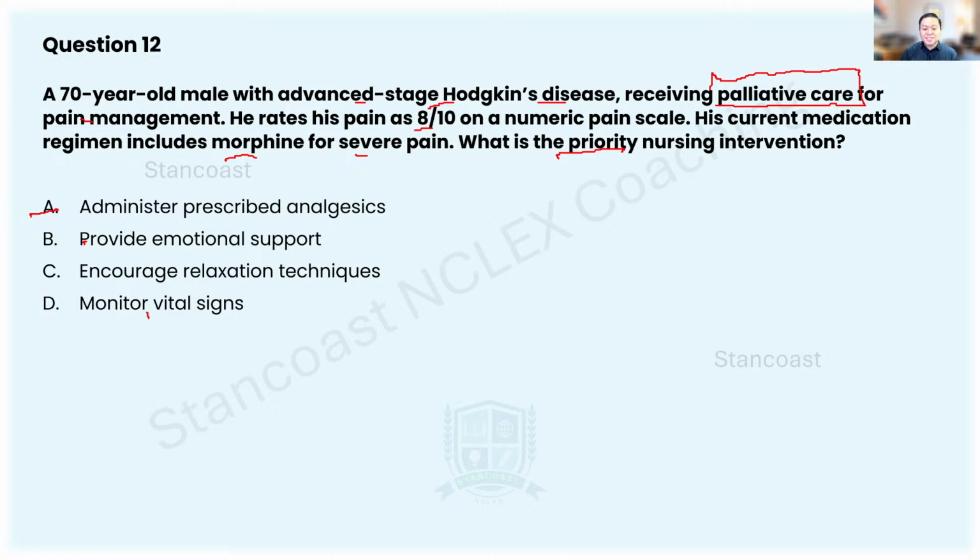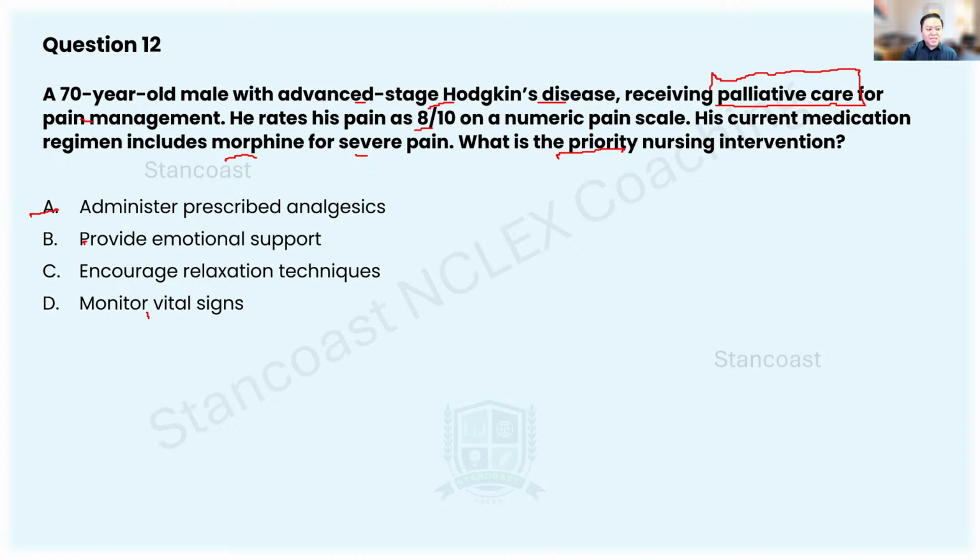Our patient is in palliative care already. Palliative care, of course, the goal is to what? We're going to alleviate the discomfort of our patient. We want to make sure that they're getting pain control. And this is the only way of at least managing their discomfort.